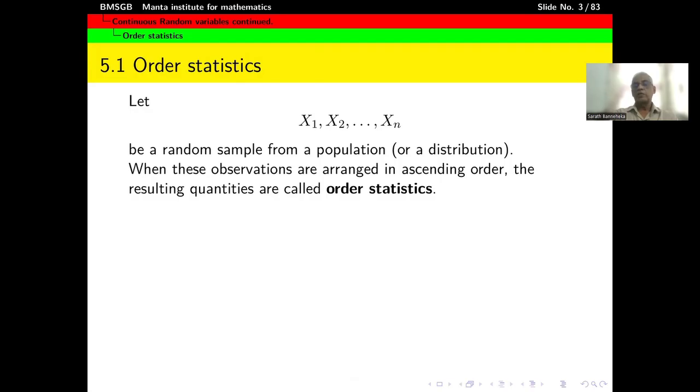They all are random variables. They all have some distribution. If the random variables are IID, they all will have the same distribution, identically distributed. If they are independent, then X1, X2 up to Xn are independent.